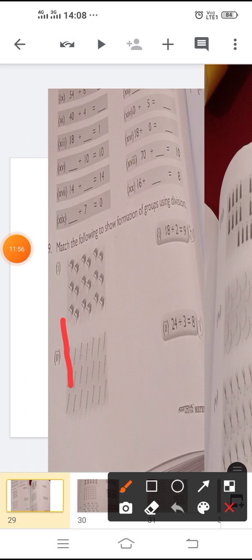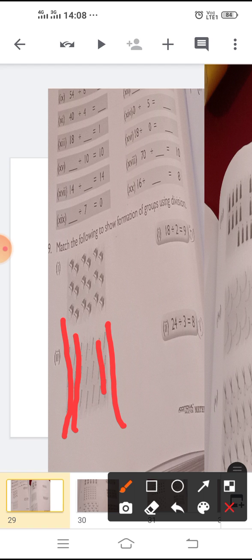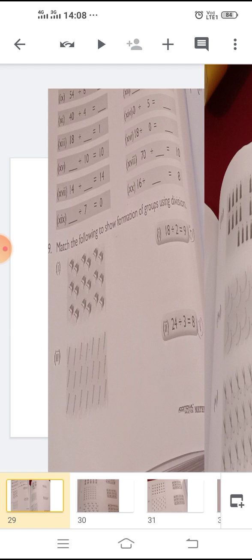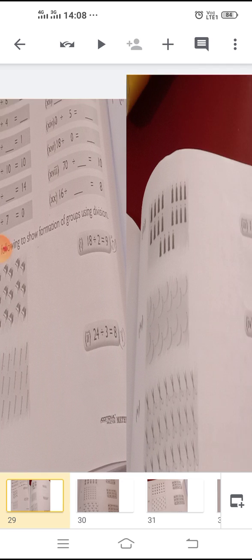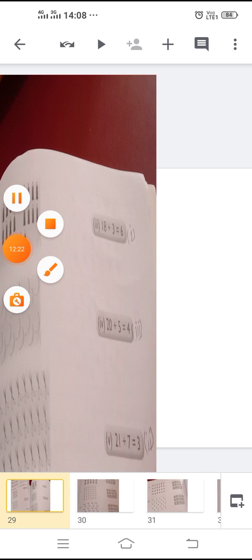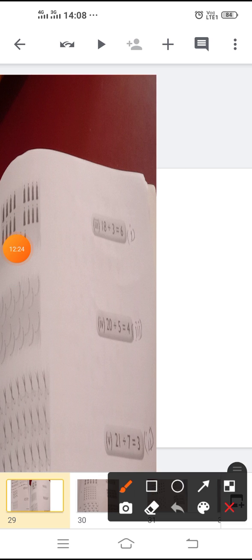You can see 1, 2, we are counting in slanting form, 1, 2, 3, 4, 5, 6 and 7. And in each group it is 3 pencils. So we will match this with this one. 21 divided by 7 is equal to 3. So we will write second here. Understood?